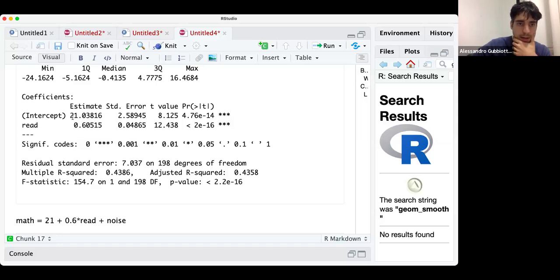The 21 is here, the 0.6 is here and it is associated to the read variable, and the intercept variable is only a vector of ones.